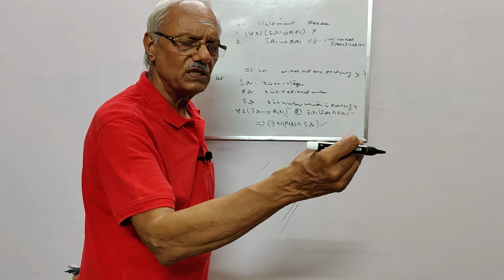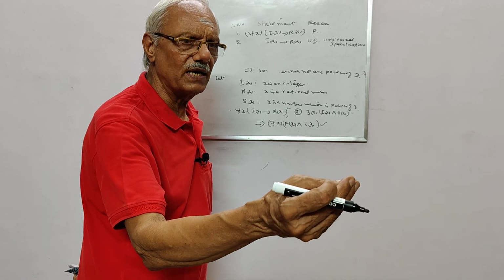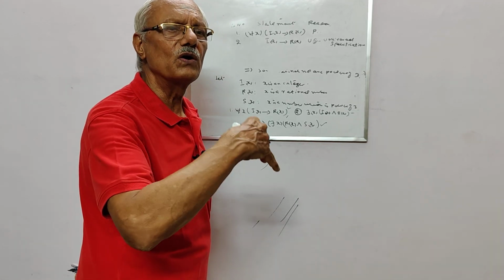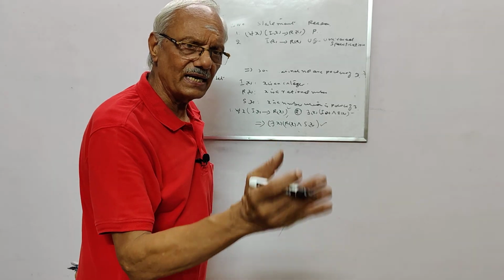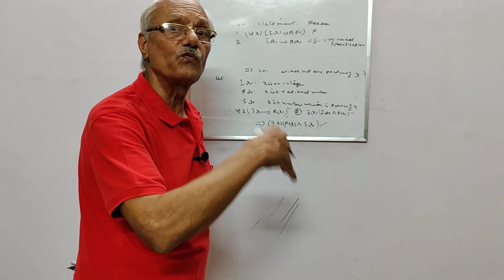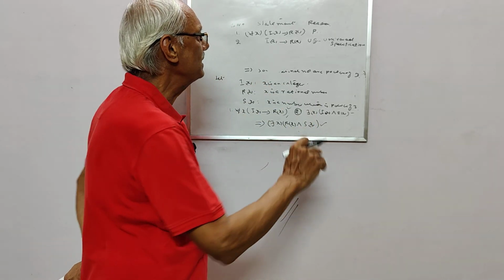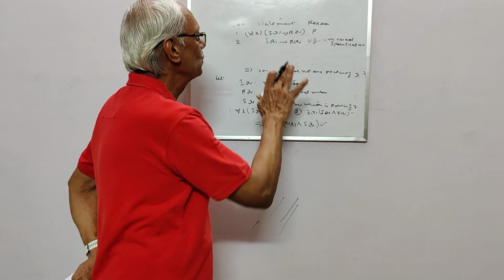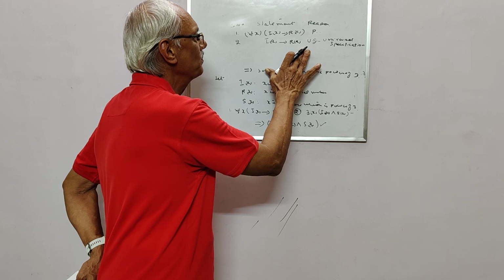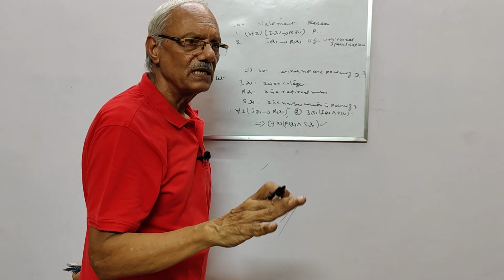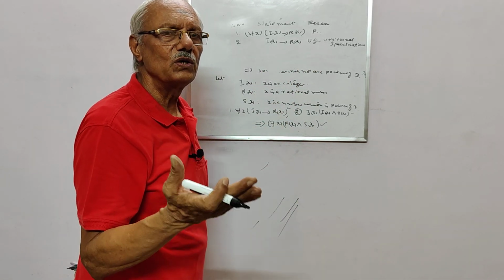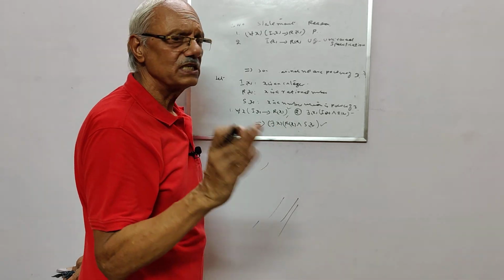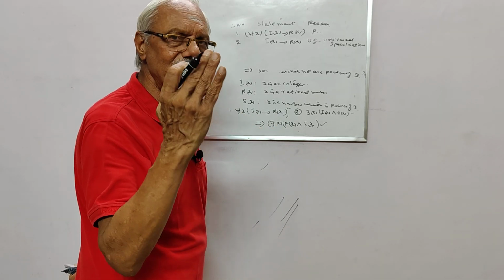For a specific two or three people you say, and when you finally arrive at the result, you say that this is true for all. That is why we call this universal specification. So I of a implies r of a is a universal specification, true for any a.